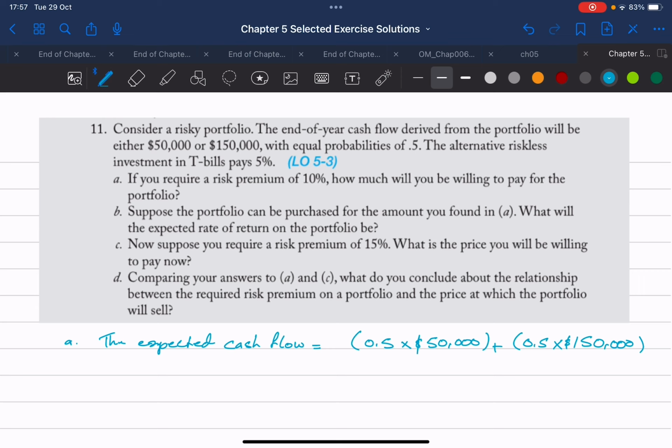Run the numbers. 0.5 multiplied by 50,000 plus 0.5 multiplied by 150,000. And that's going to be $100,000. Okay?